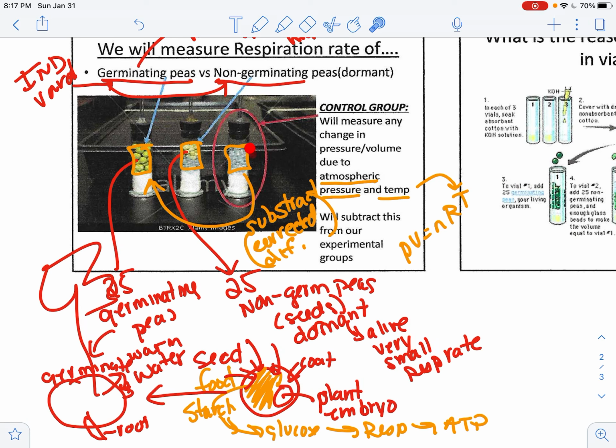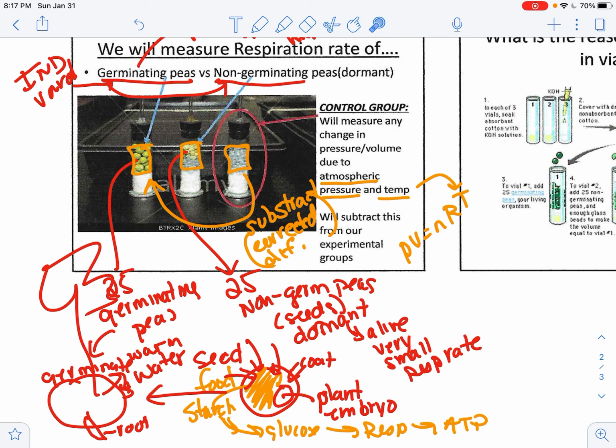If this one moves 2 milliliters of water, that was not because of respiration. So I have to subtract 2 milliliters from whatever this one moved. If this one moved in 10, then only 8 of it was because of respiration, because 2 of it was due to some other change in atmospheric pressure or temperature. And so we're going to subtract that from the other groups, and you're going to see that.